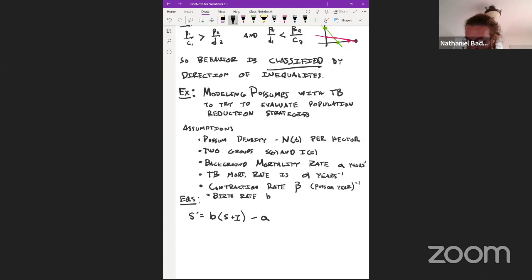We've got possums dying of natural causes from background mortality rate. And then we've got susceptible possums becoming sick. We've got susceptible possums dying of TB and susceptible possums dying of natural causes.